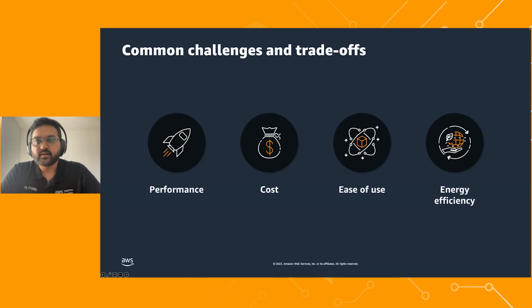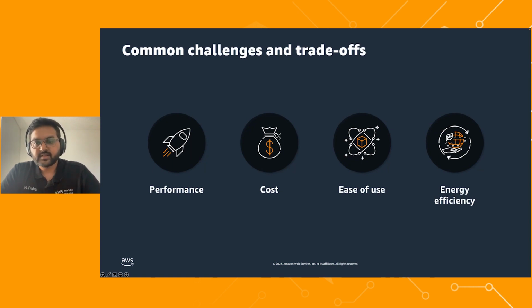The next thing developers are considering is how to use these models at a low cost. So there are two things, right? One is how do they reduce their cost, and at the same time how do they achieve the required performance like latency or throughput needs, etc. The third challenge is how easy it is to use these large models, and how they can either fine tune them or deploy them based on their specific use cases.